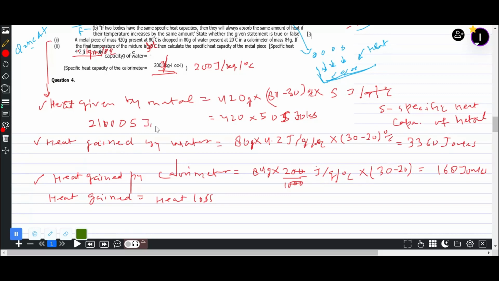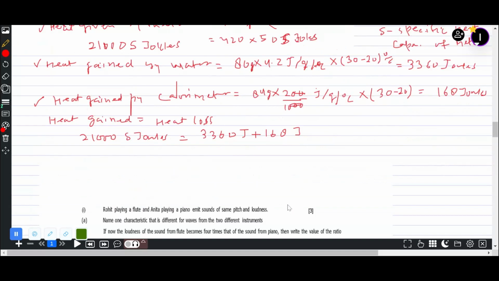S is the specific heat capacity. So 21,000 S joules is equal to 3360 joules plus 168 joules. Now this is simple arithmetic calculation. So let me add, this is equal to 3528 joules, and S is equal to 3528 divided by 21,000.